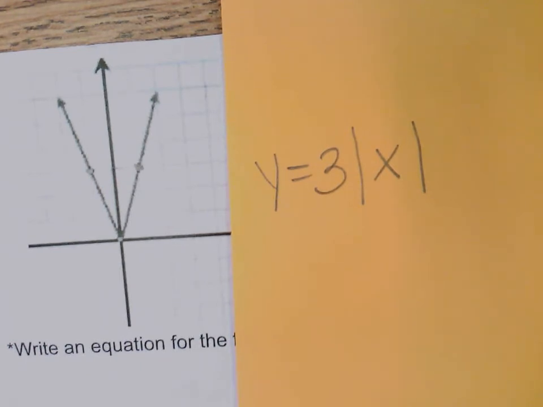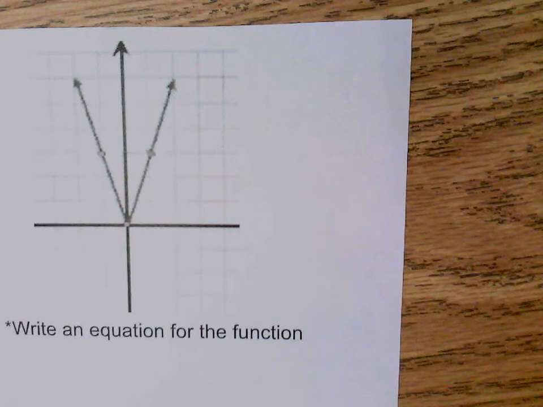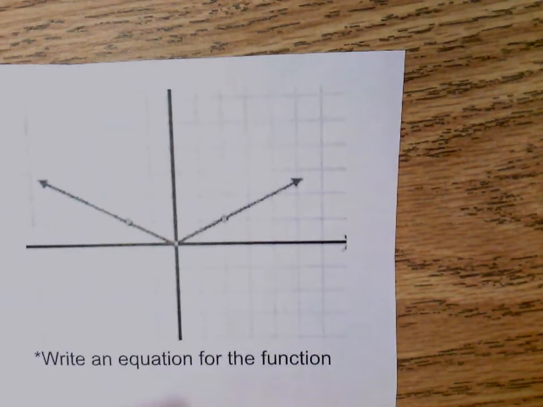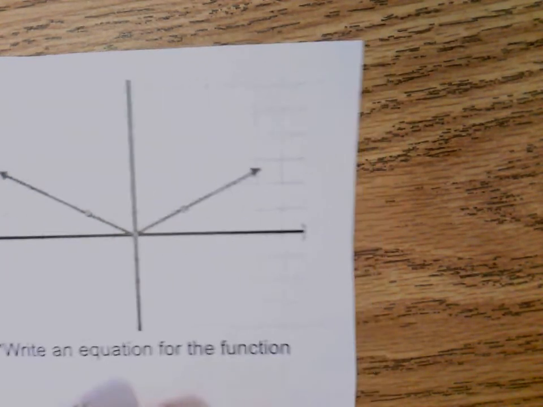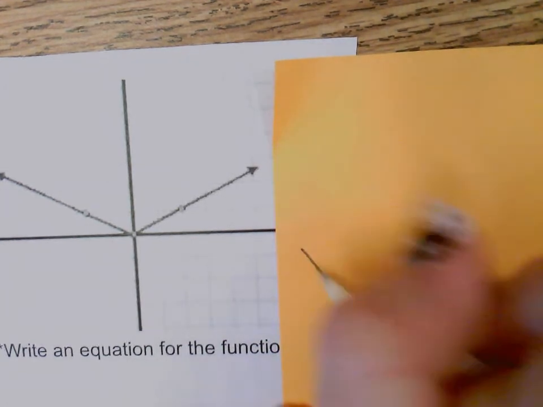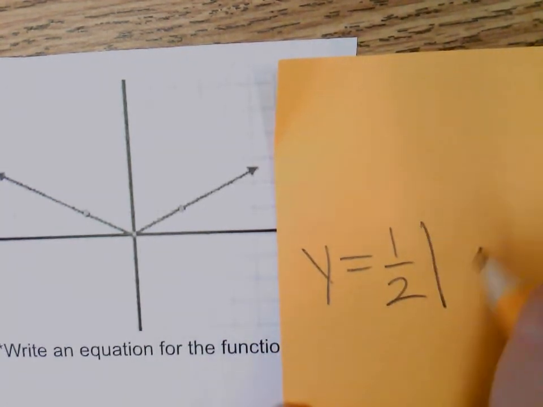This one's good. Okay, and then find the one that's less steep. Can I move to the next one? Let me know if you are behind. So this one right here is the other transformation when it's less steep. So y equals 1/2 the absolute value of x.